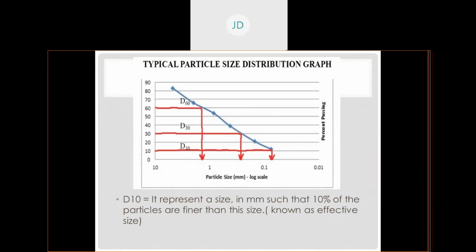Say this is your percentage finer, this is particle size. I think we already discussed this in the last class. This is plotted on semi-log graph paper. Why is it called semi-log graph paper? Because the x-axis is in a logarithmic scale and the y-axis is in an arithmetic scale.